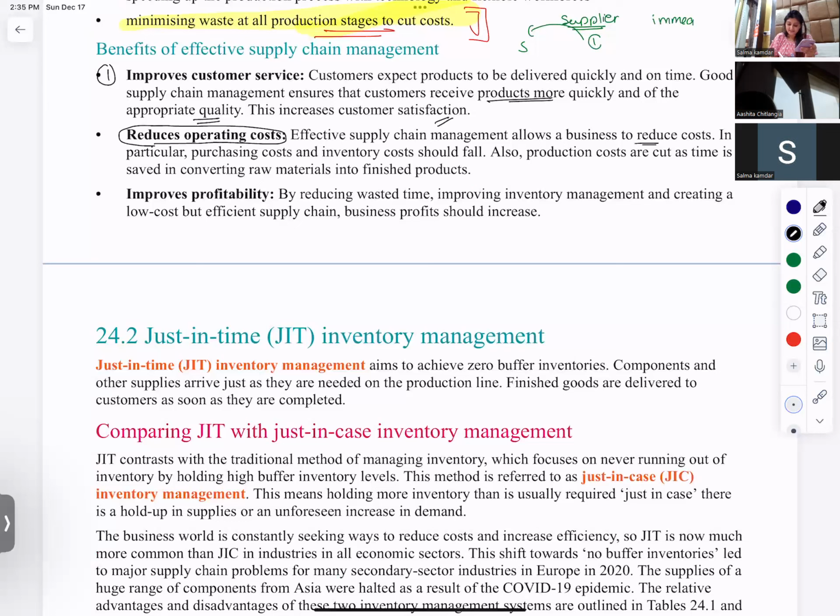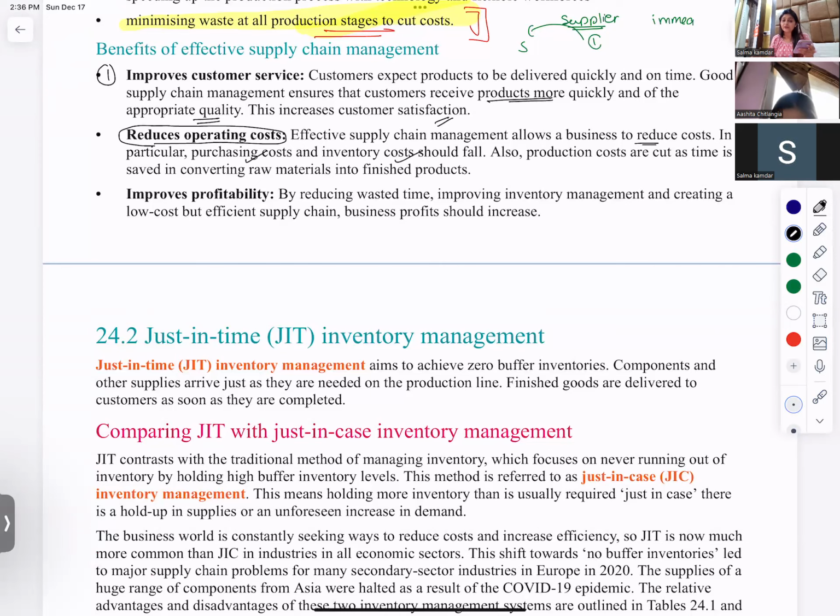Cost will reduce. That means they would have less purchasing costs. And because they're going to order the inventory at the right time, the inventory holding cost would fall. They are going to try to produce the goods faster, so it will cut the production time.